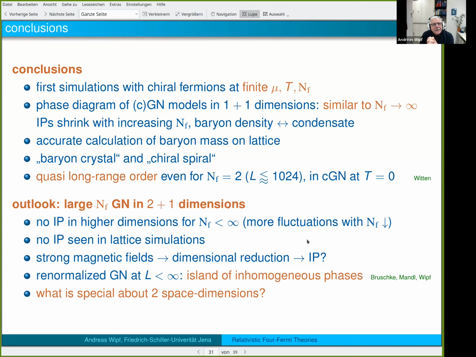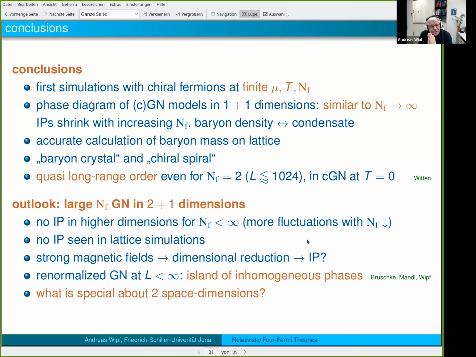Okay. So we could calculate the baryon mass on the lattice. We have seen a quasi-baryon crystal and a chiral spiral, and observed this quasi-long-range order. Now, we have done simulations in 2+1 dimensions. We have not seen an inhomogeneous phase. That is in agreement with a large N_F calculation, which I discussed.